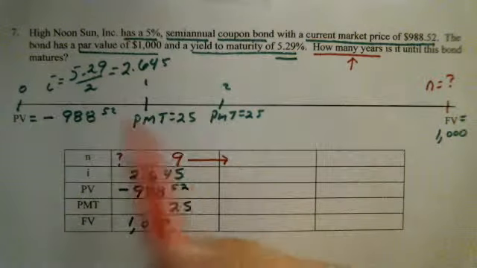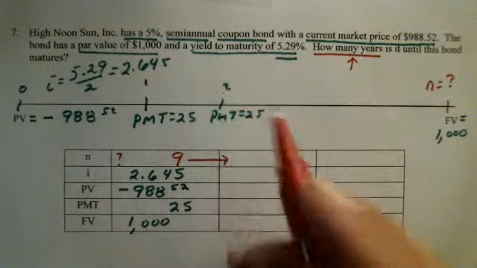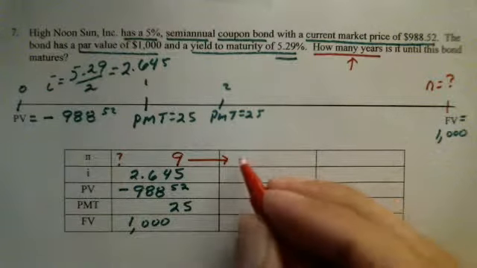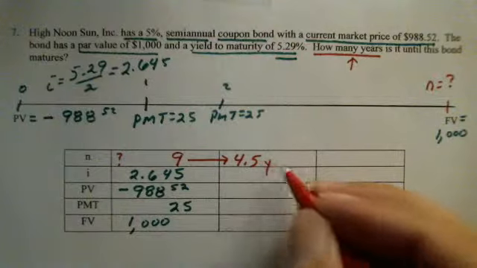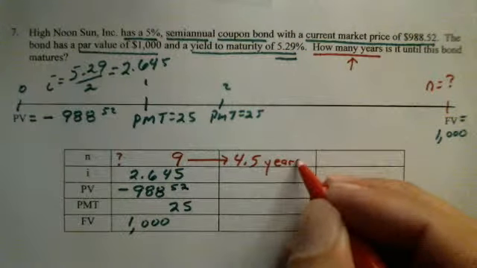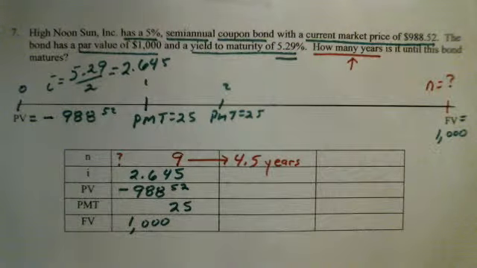That is, I've got 6 months, indicating I divide the 9 by 2 to get 4.5 years, and that is my final answer, that I have 4.5 years for my 9 time periods.